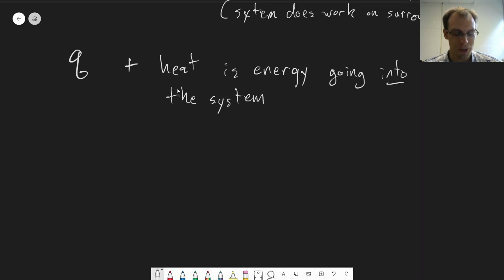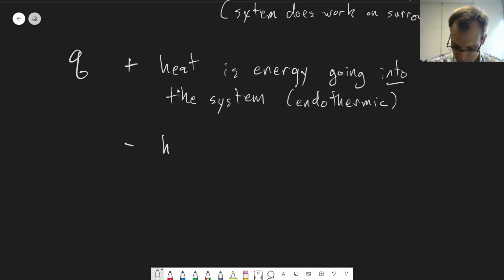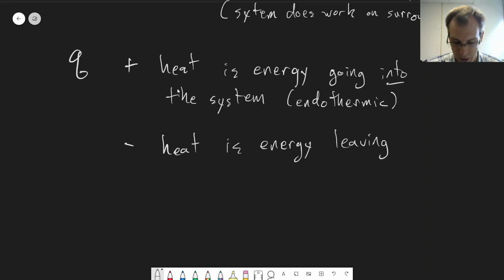You may be familiar with the term endothermic when we're thinking about chemical reactions, and those have a positive Q value. The energy goes into the system. A negative Q value means heat. Negative heat value is energy leaving the system. Right? We're decreasing the total energy that's in our system.